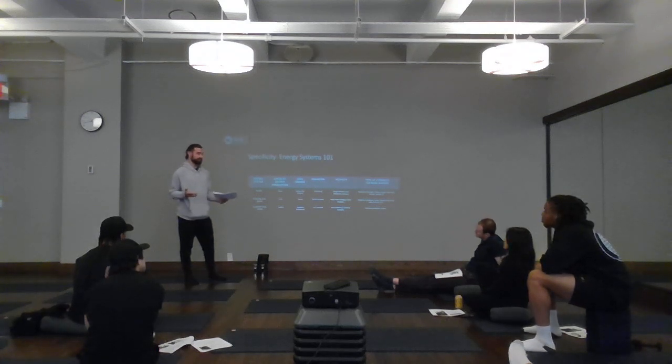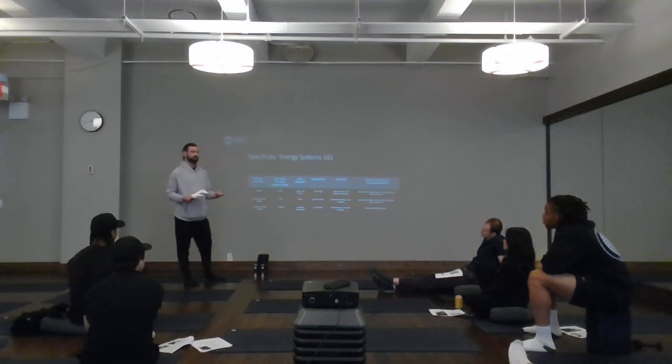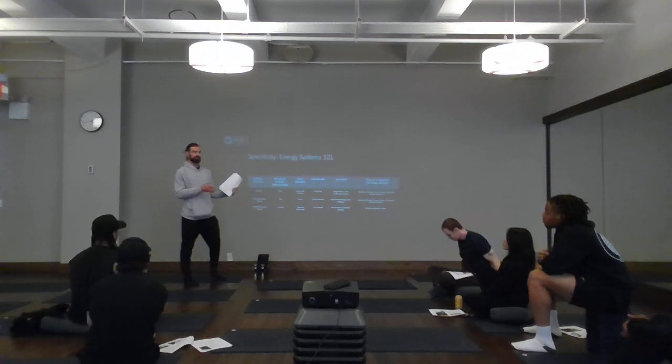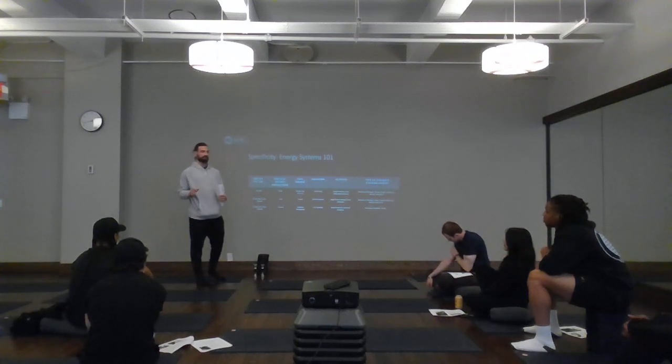And then what takes over? You're burning, you're oxidizing fat. So fast, but you're using oxygen, so it's the aerobic system. There's like a bridge here. From readily available, runs out quick, creatine phosphate.